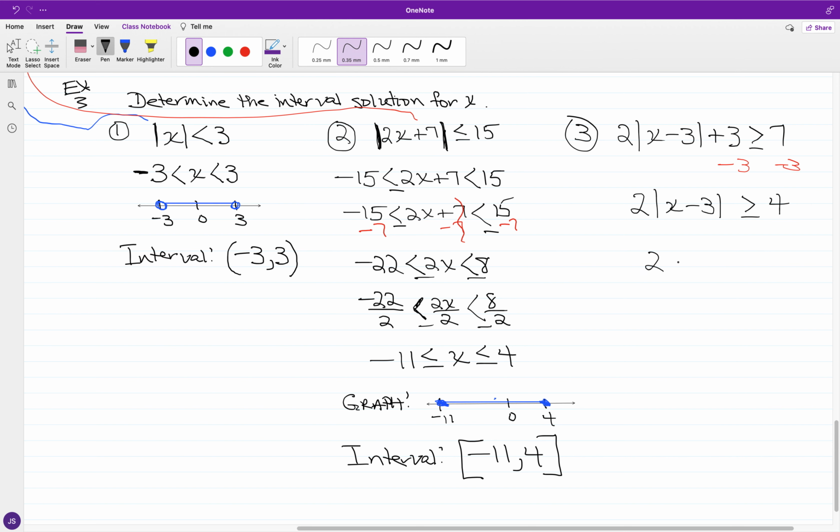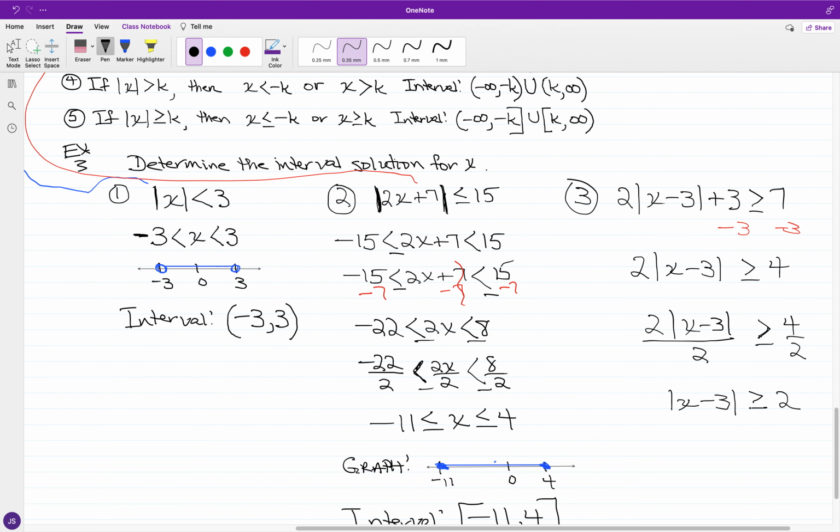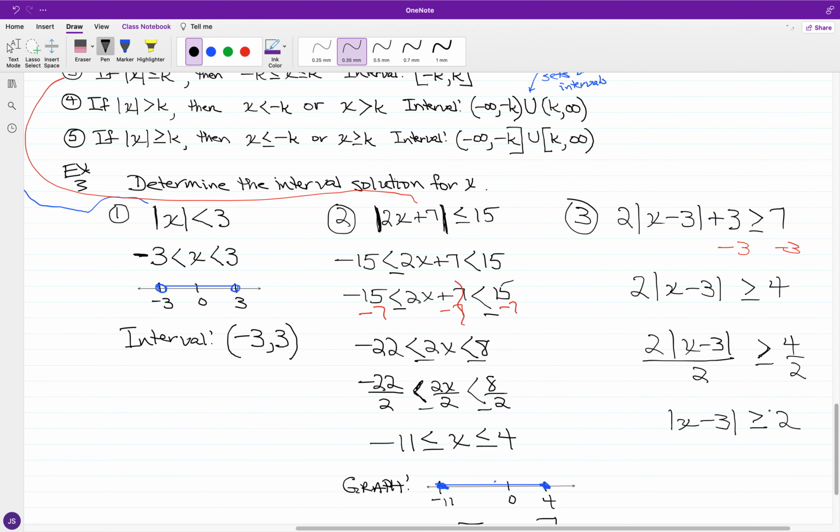And taking care of the 2 upon dividing, we'll have the absolute value of x minus 3 is greater than or equal to 4 halves, which will be 2. All right, so in this scenario, we have the absolute value of x is greater than or equal to k.